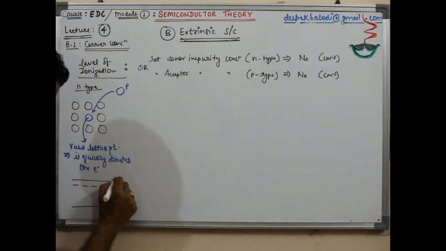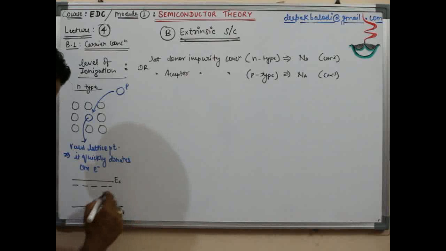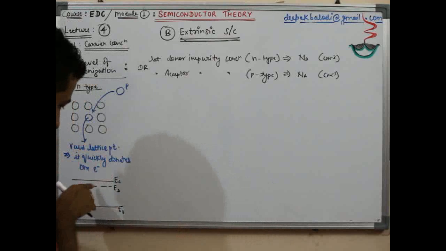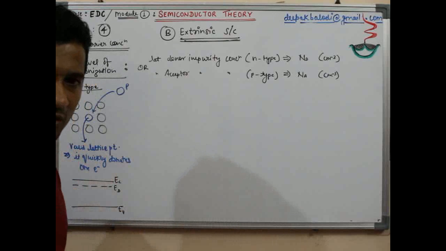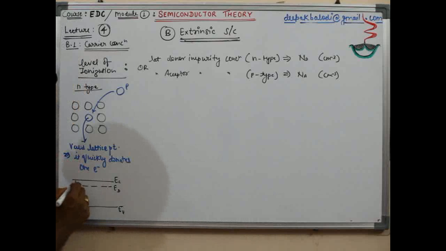As soon as it comes inside, momentarily it introduces, like this was EC, this was EV, one donor energy level ED, which is just below, almost around 0.05 electron volt or 0.045 electron volts. We have already seen this is the ionization energy, this difference.